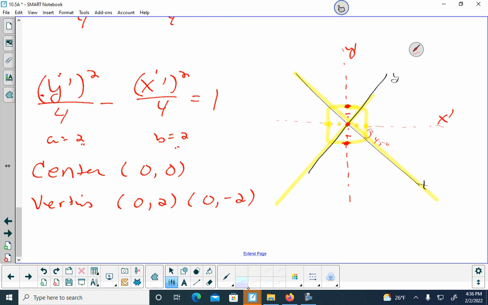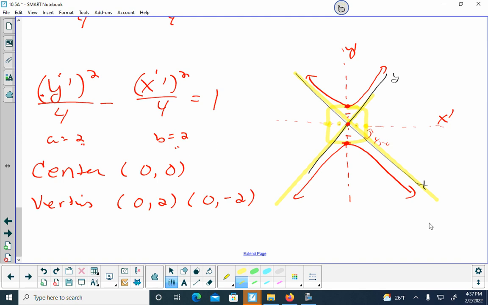So now I am going to sketch. So here's my vertex, and I'm going to follow those asymptotes. And that's my sketch, and I sketched this, the red, based on what I learned back in the first half of chapter 10, but the only thing is I had to first rotate the axis to make that happen.